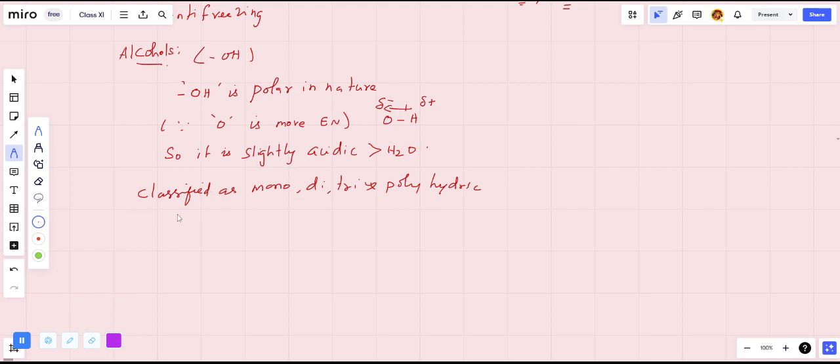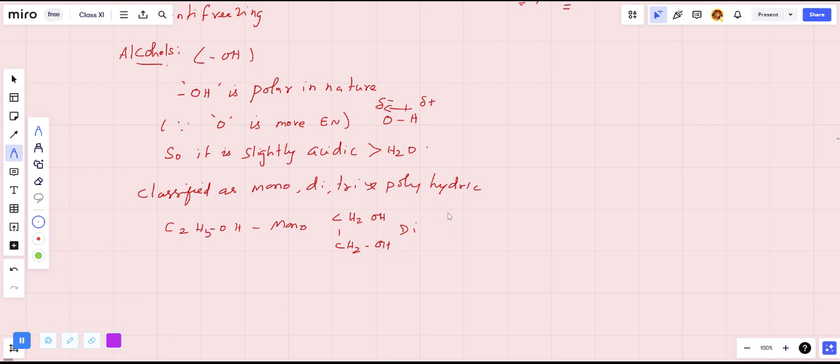So polyhydric alcohol. For example, mono means one OH group is there: C2H5OH. So this is mono. Di means two OH groups, so this is di. The name of this compound is glycol, its common, familiar name.